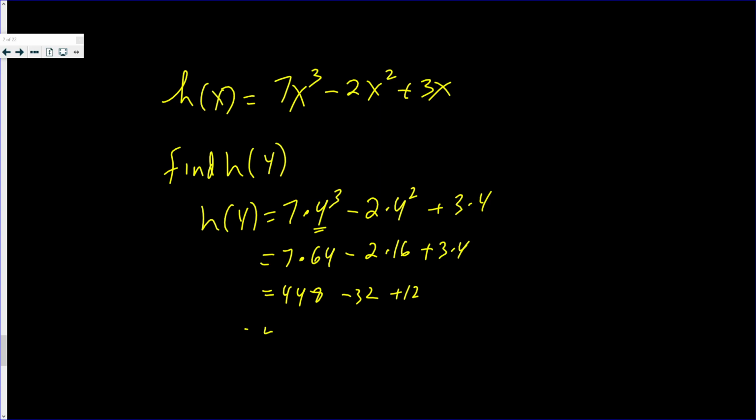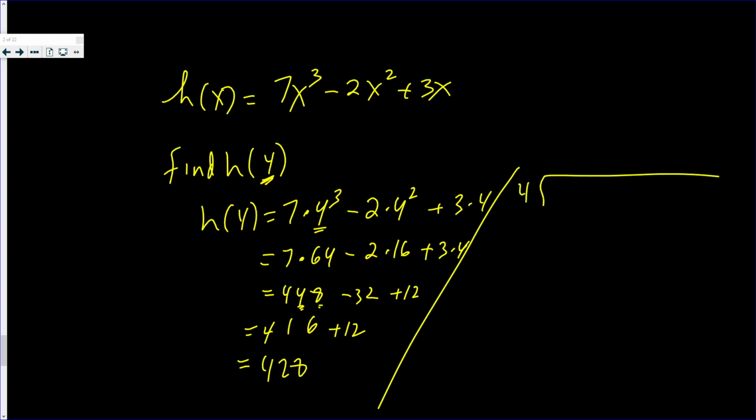This is equal to, I take away 32, and then I add 12. This is 428. If I didn't make a mistake. Another way of doing it is you take that number and you do synthetic division on it. 7x cubed minus 2x squared plus 3x plus 0.